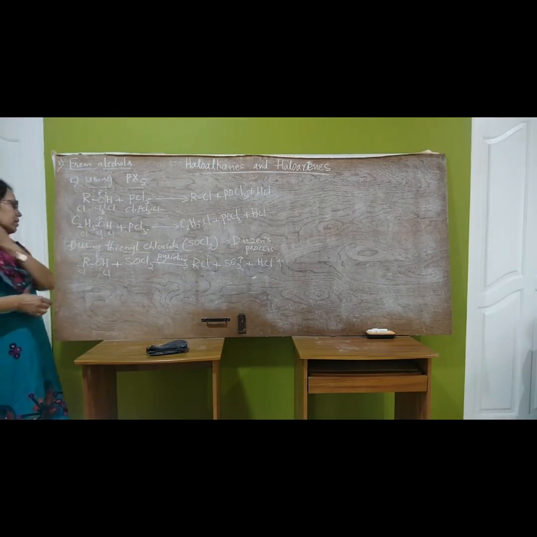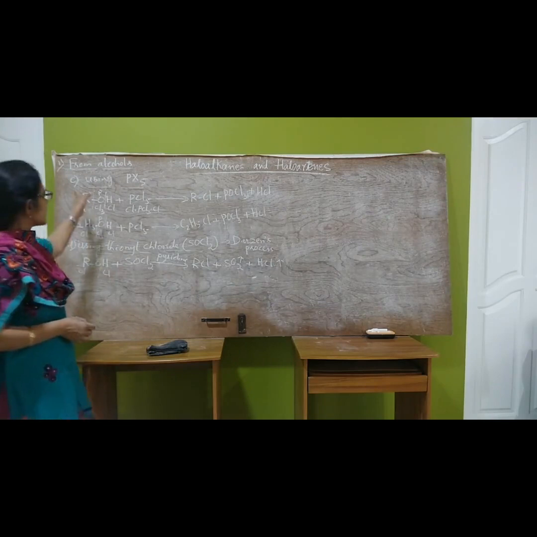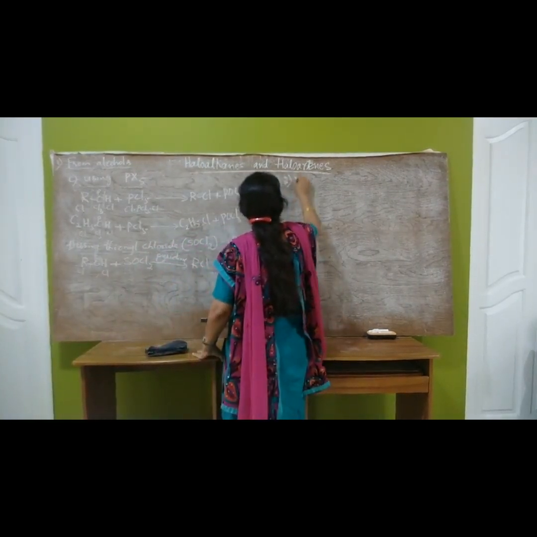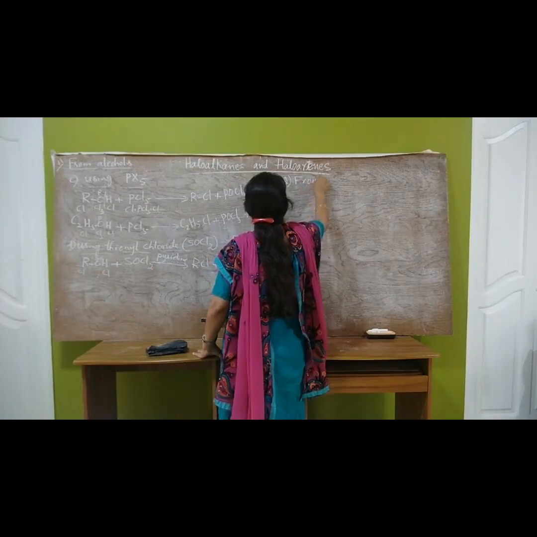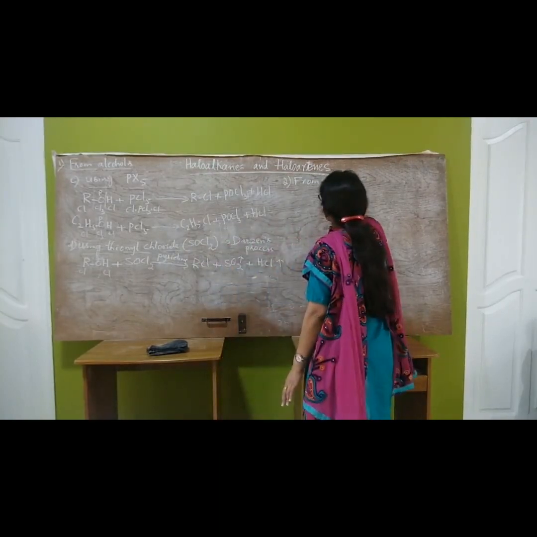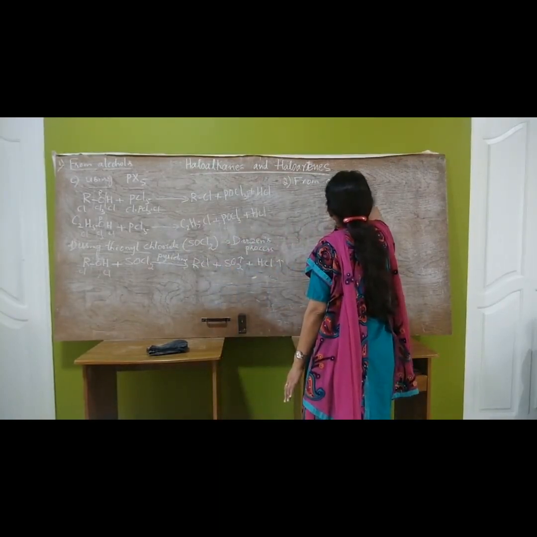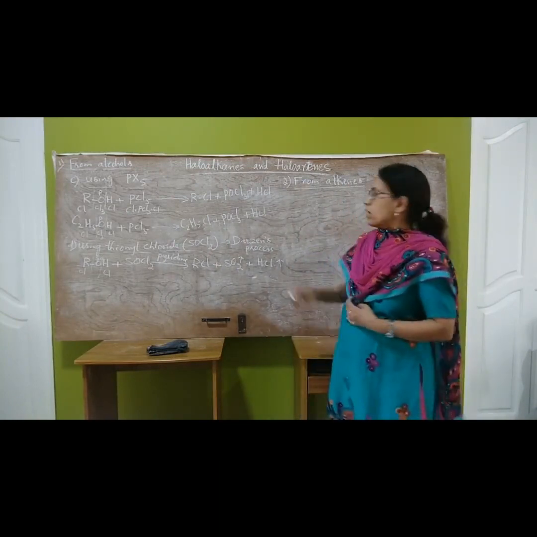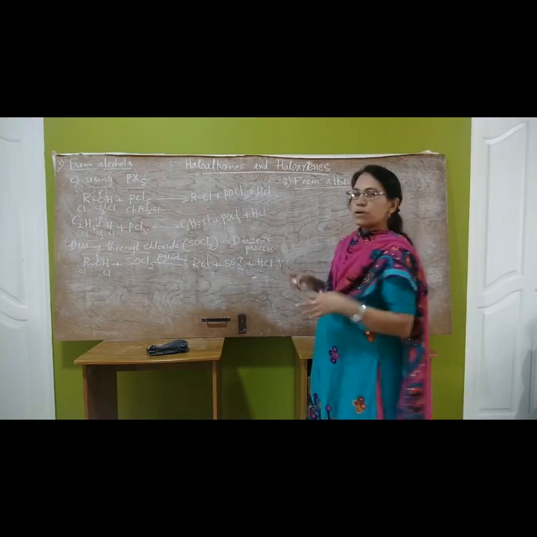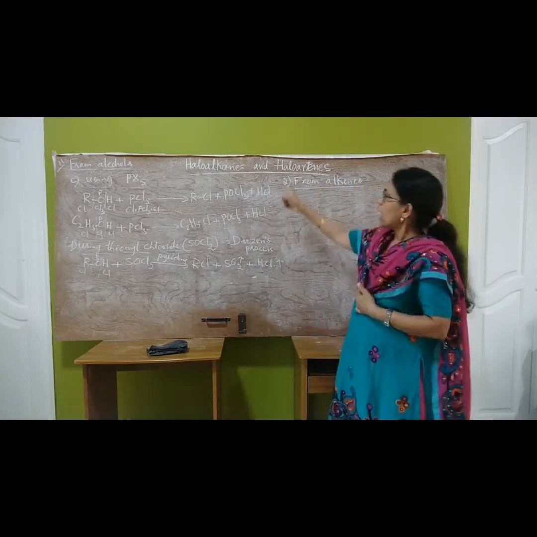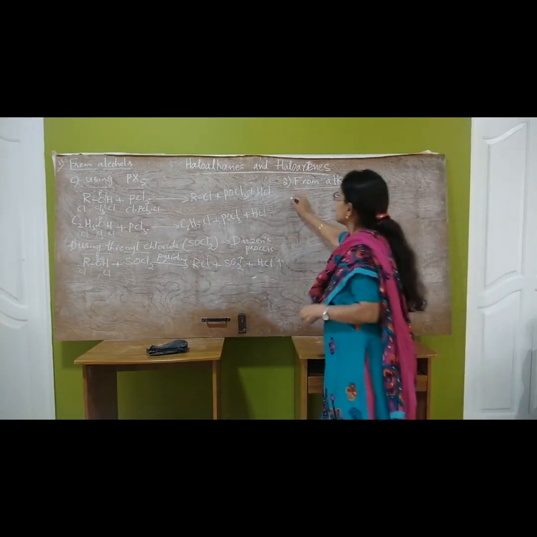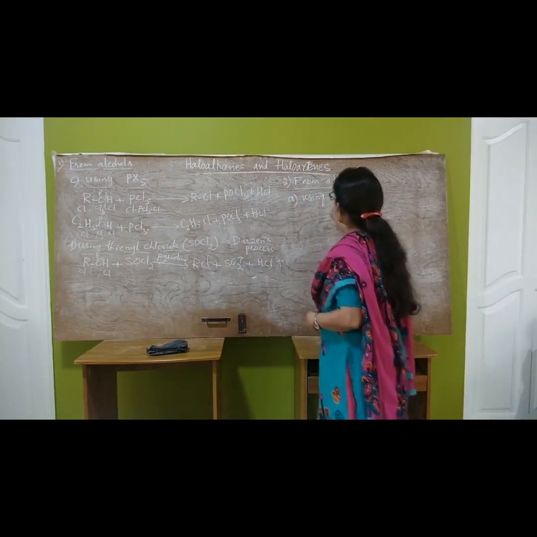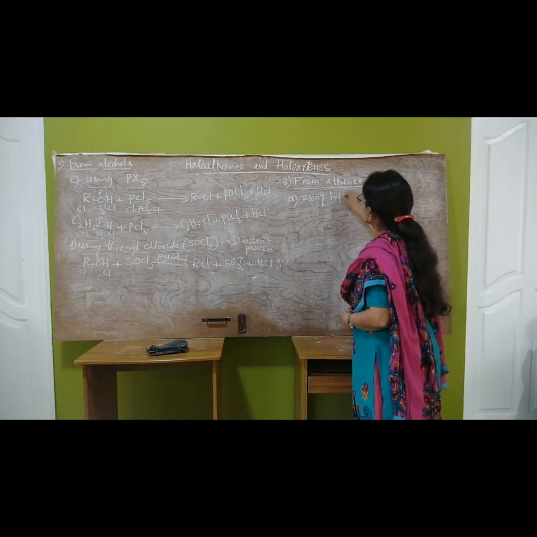Next is the second method. This was the first method. The second method is from alkenes. From alkenes, there are 2 methods by which haloalkanes can be prepared. The first one is by using hydrogen halides.